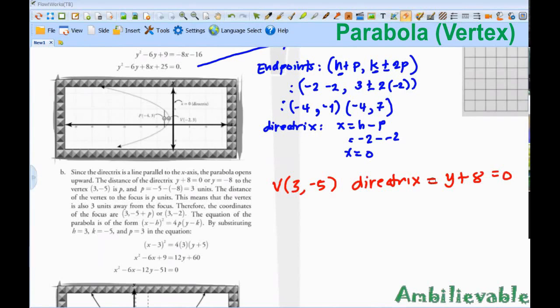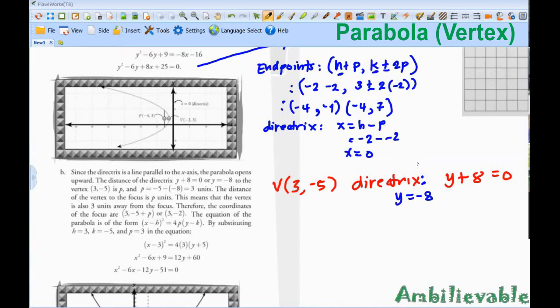Okay, what about this type of example? How can we solve it when the vertex is given and the directrix is also given? Y plus 8, meaning that y is equal to negative 8. So that is the directrix.